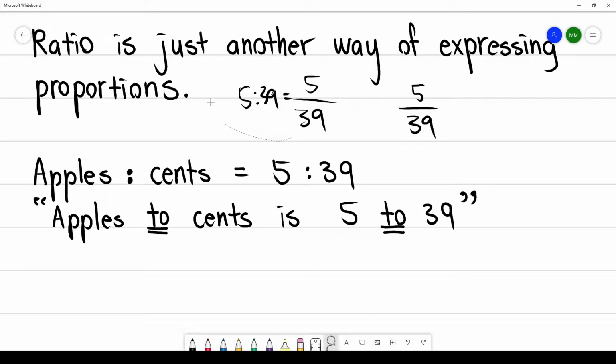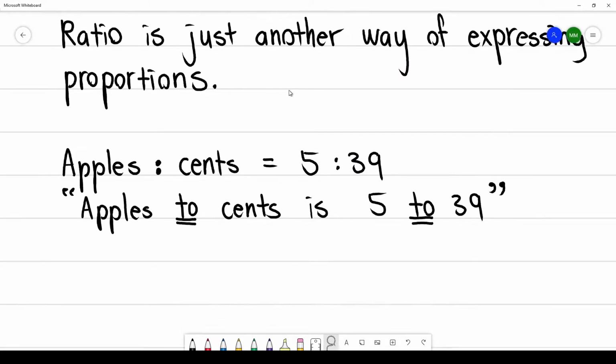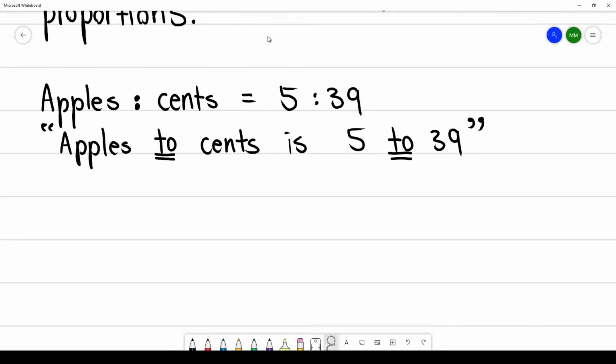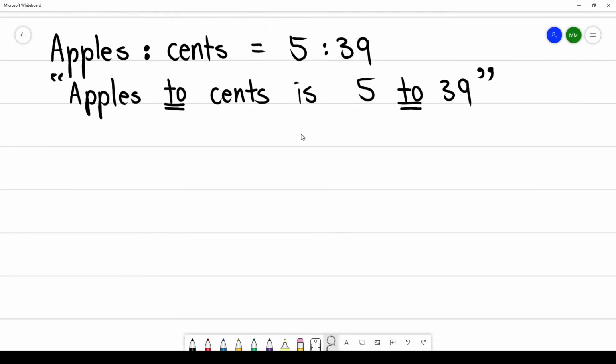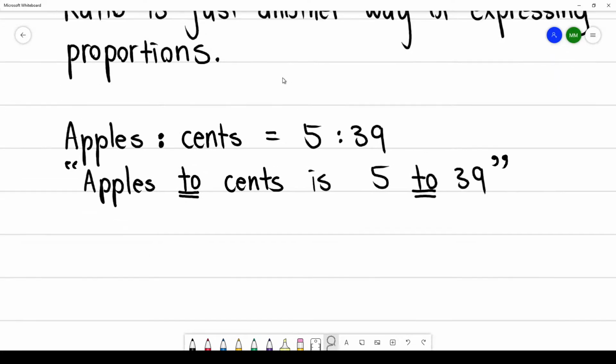So that's one extra step. That's why people don't quite use ratios as often, but you will still see them in contest questions. I learned it in middle school as well. So you do see people writing it.